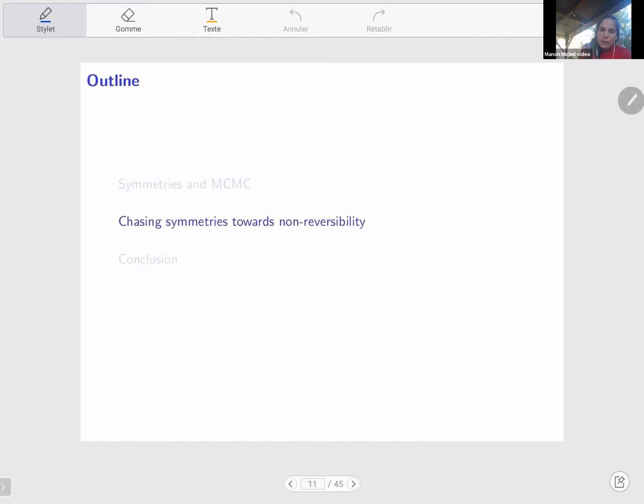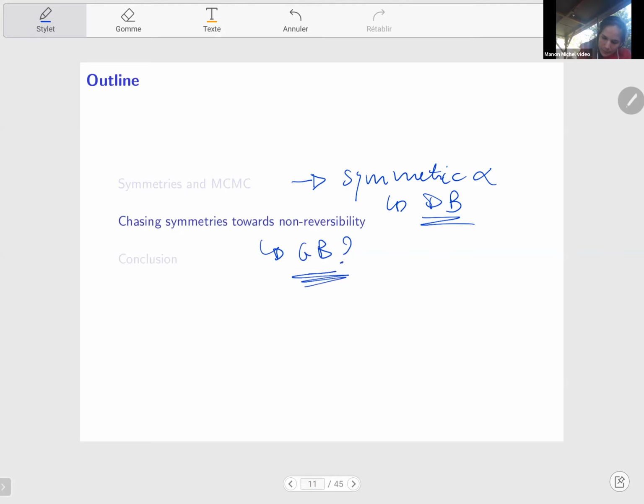So now the question is, historically, people have been chasing efficient symmetric a priori probabilities to do detailed balance. Now the question is, can we find some global symmetry to actually ensure directly global balance?